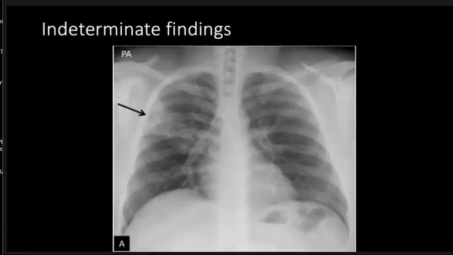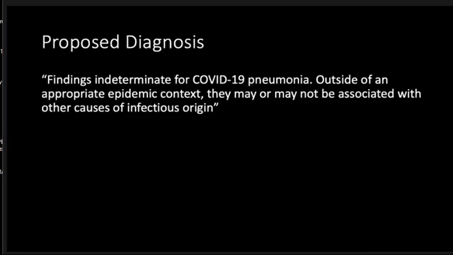So this is an example of an indeterminate finding because it is unilateral and has upper lobe involvement. So the proposed diagnosis for indeterminate findings is findings indeterminate for COVID-19 pneumonia. Outside of an appropriate epidemic context, they may or may not be associated with other causes of infectious origin.